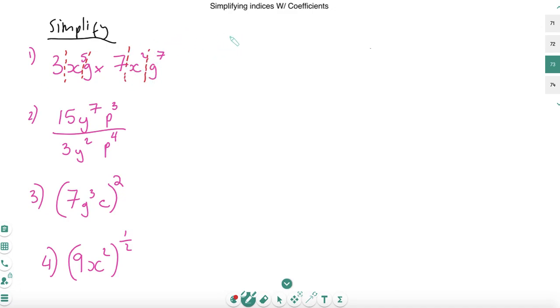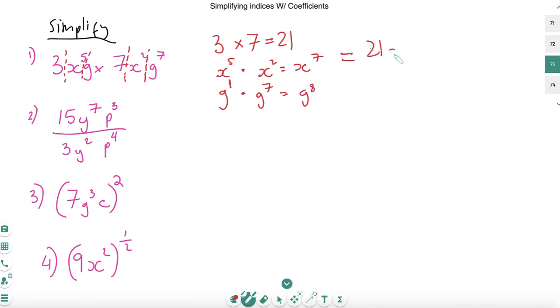So first I'll multiply the coefficients. So 3 times 7 is 21. X5 times x squared is x to the power of 7. And g is basically g to the power of 1 times g7 is g8. And so you just combine them. So 21, x to the power of 7, g to the power of 8. And this is your answer.